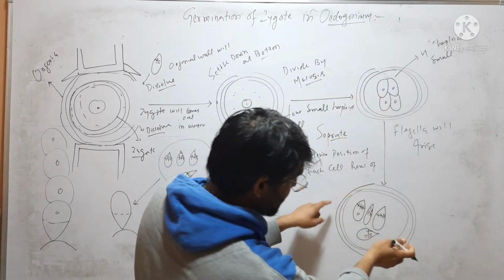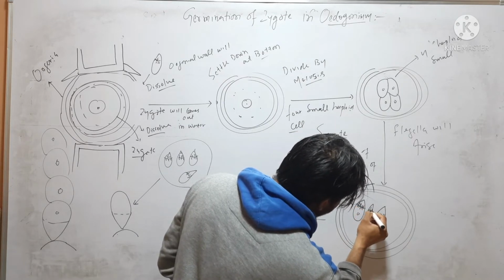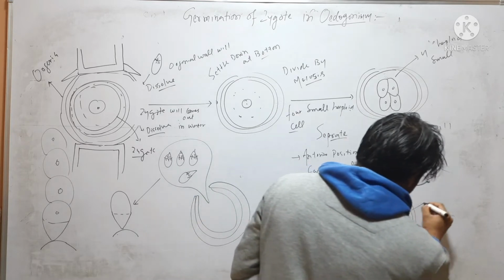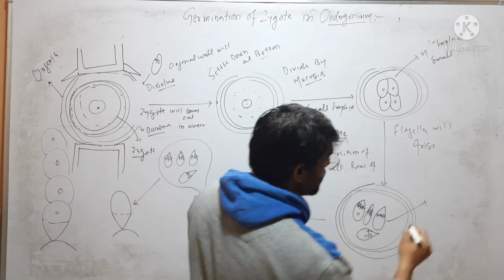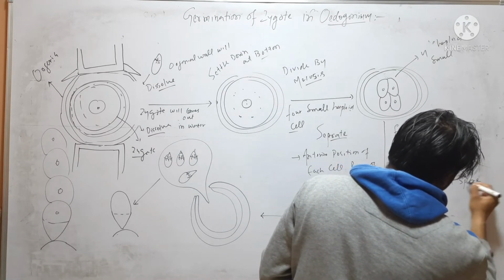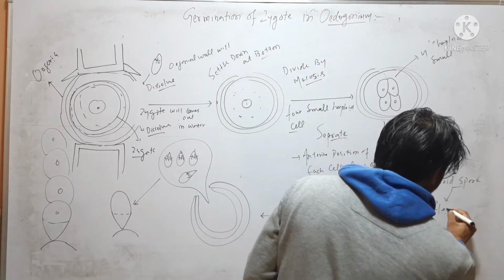Now these four are haploid spores, and these spores have flagella.